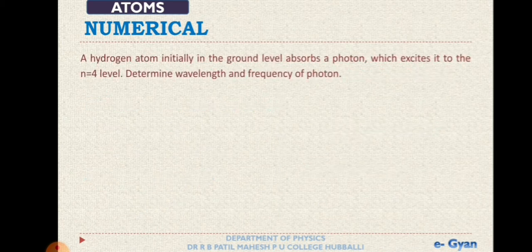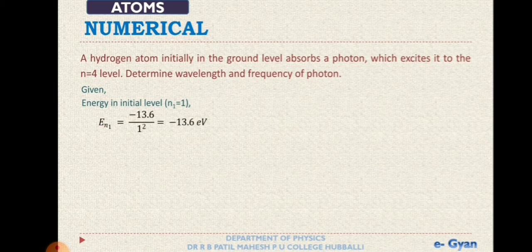A hydrogen atom initially in the ground state absorbs a photon which excites it to the n equal to 4 level. Determine wavelength and frequency of photon. Now, the given energy in the initial level n1 is En1, which is equal to minus 13.6 upon 1 square, is minus 13.6 electron volt.